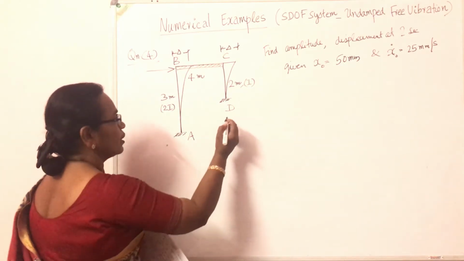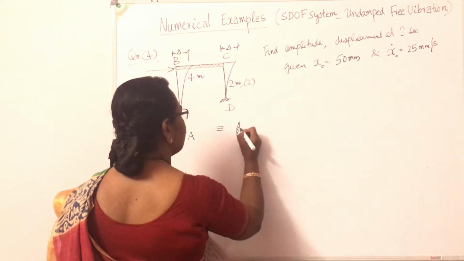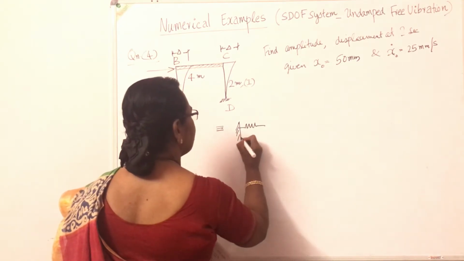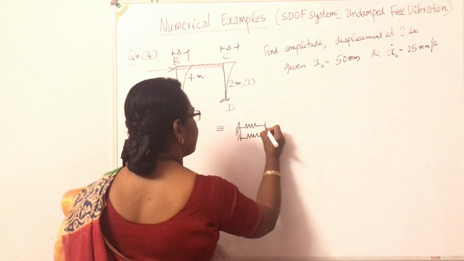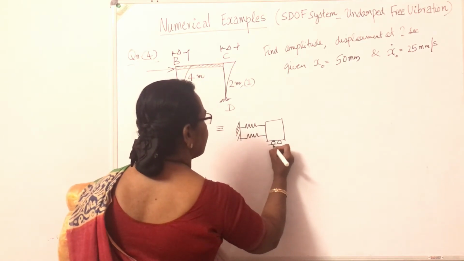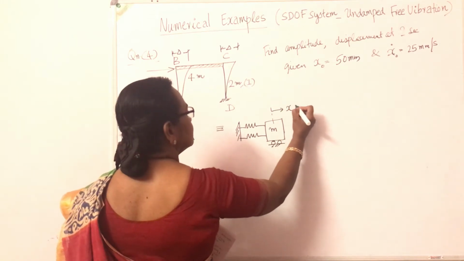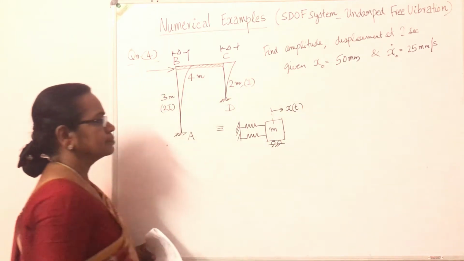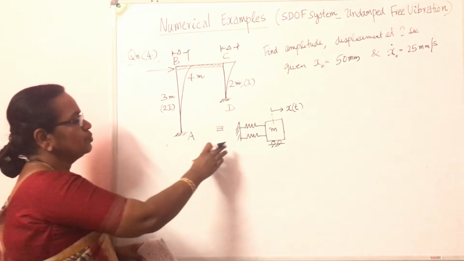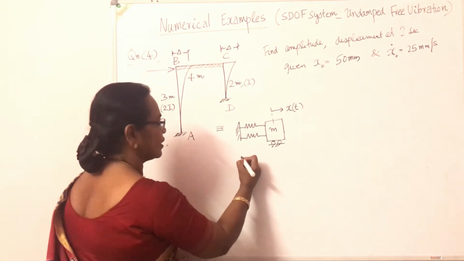So this is equivalent to two springs undergoing the same amount of deformation, which means it is a parallel connection.